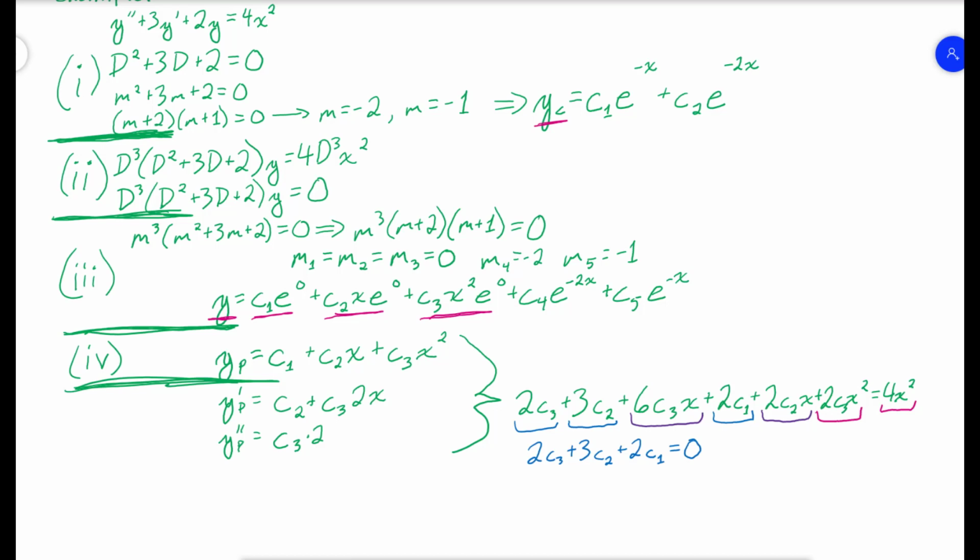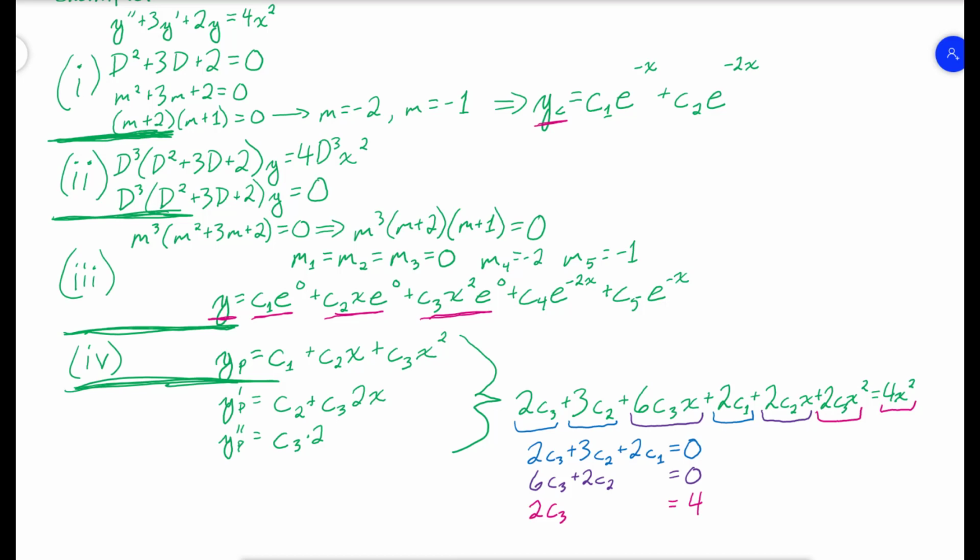With my x terms, I find that 6c3 plus 2c2 must equal 0 because there's no x term on the other side of the equal sign. And finally, I know that 2c3 must equal 4, since 4 is the coefficient on the x squared term on the other side of the equal sign. So now I have a system of equations that I can solve.